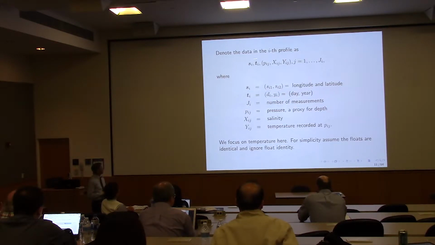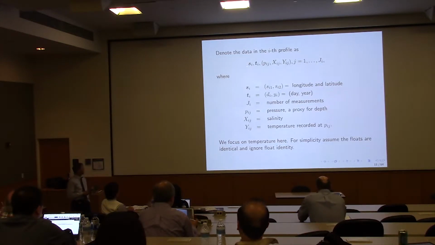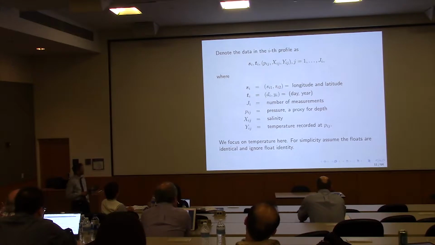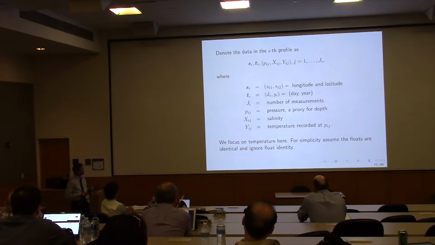Now, let me talk about the data a little bit. The measurements in the profile consist of these elements. You have spatial location, which is longitude and latitude. You have time, which is day and year, and actually hour of the day, which I ignore for now.